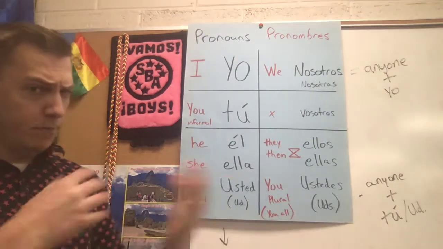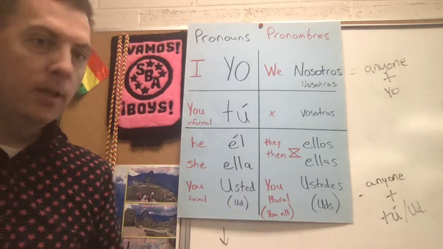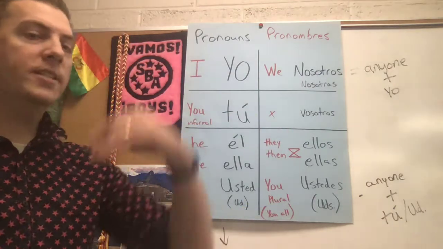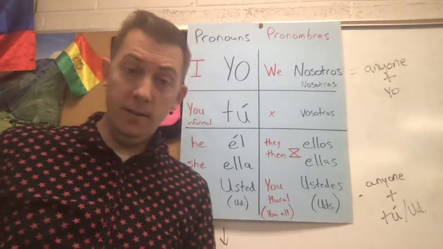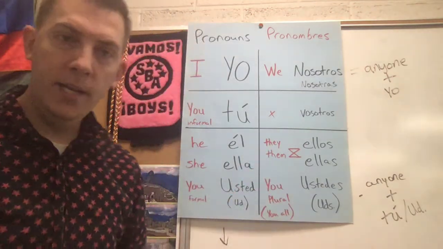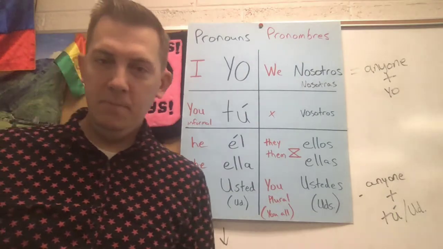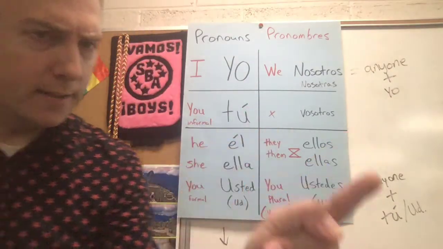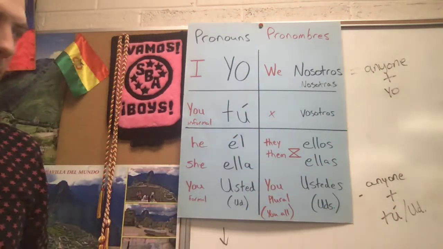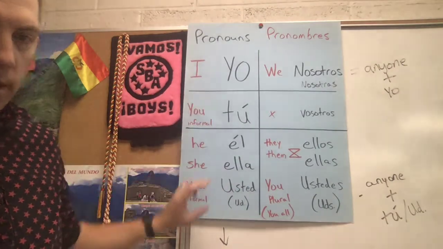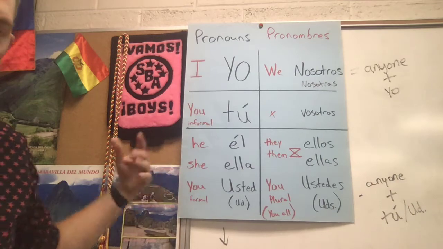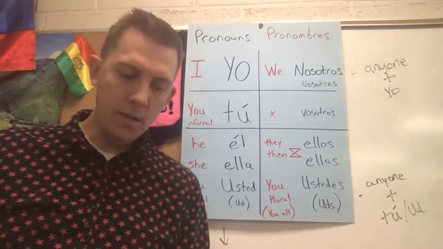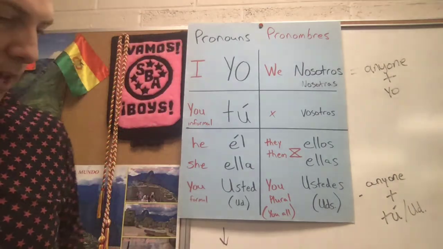If you don't know where your relationship is with this person, usted. ¿Cómo está usted? Is what we're going to be looking at using, so you avoid any awkward moments of, who do you think you are? You can't talk to me like we're best friends. And that's our difference. Tú, usted. Tú and usted. For he and she, él and ella are the identifying pronouns for that.